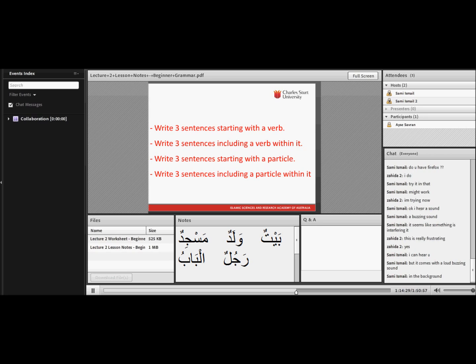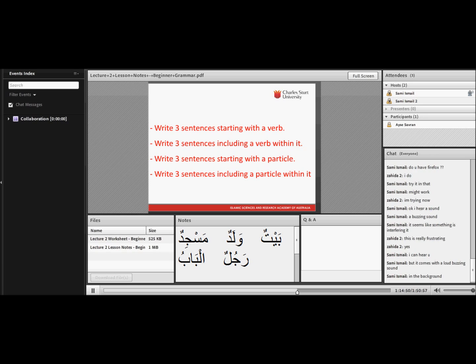Next one. Qalam. Al-qalam. Pencil. It's normally used for a pen. I'm not sure what a pencil is. I don't know if there's an Arabic equivalent.